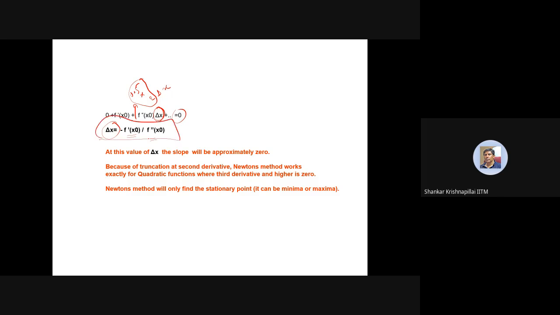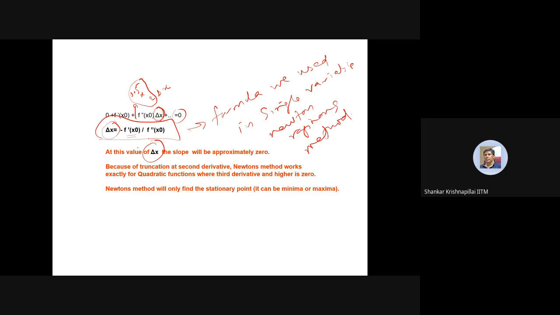This is the formula we used in the single variable Newton-Raphson method. At that time we did not do this derivation because I wanted to do it at a later time. At this value of delta x, the slope will be approximately equal to 0.